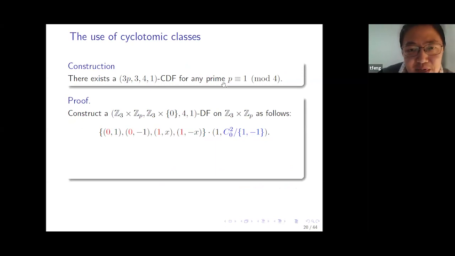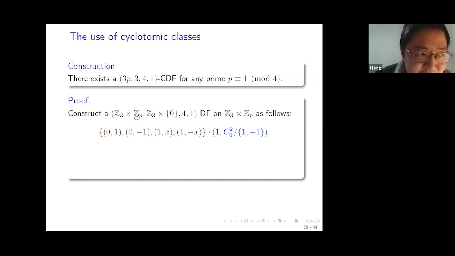Here p is a prime, 1 more than a multiple of 4, so p and 3 are coprime. If we want to construct a cyclic difference family of order 3p, Z_3p is isomorphic to Z_3 times Z_p, so we can construct this family over Z_3 times Z_p, and it contains a hole. In design we always call Z_3 times 0 the hole. First we can count the total number of base blocks.